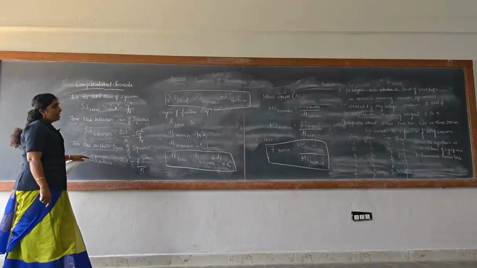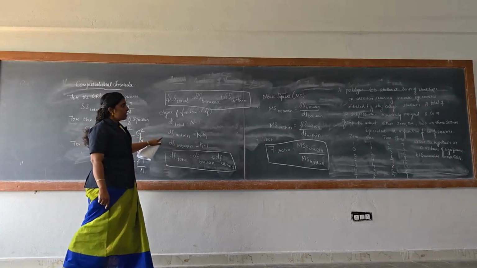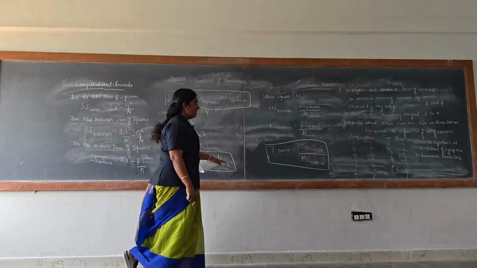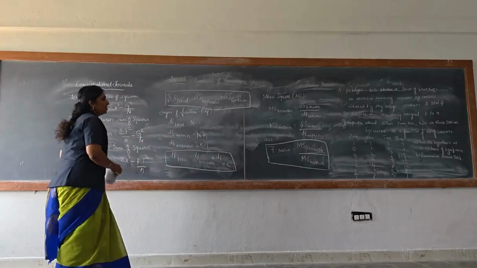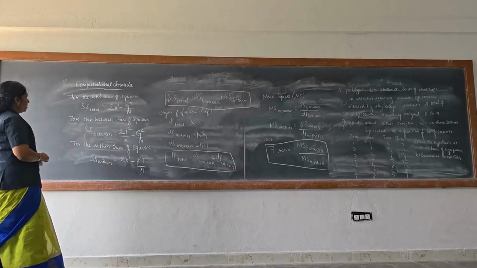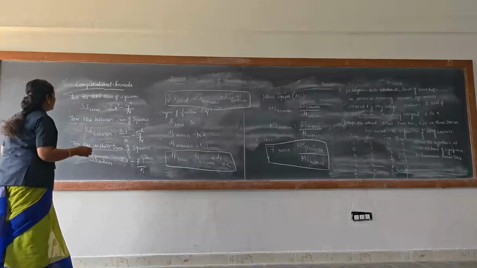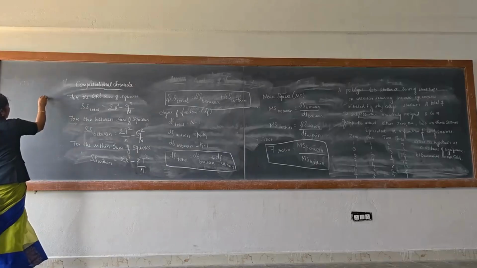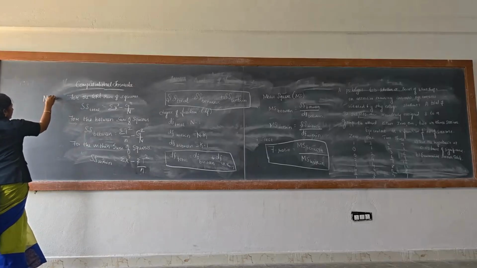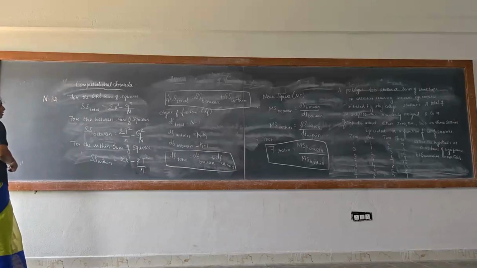So first we start with the computation of sum of squares. From the table, capital N is equal to 32. Next you have to calculate the x square value, the x value, and the G value.